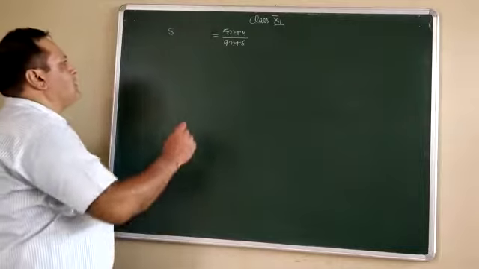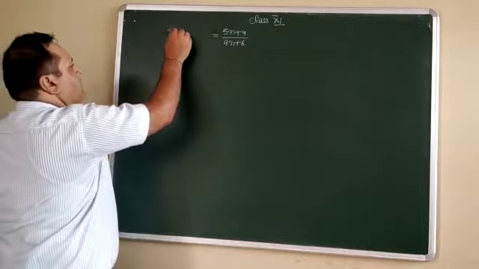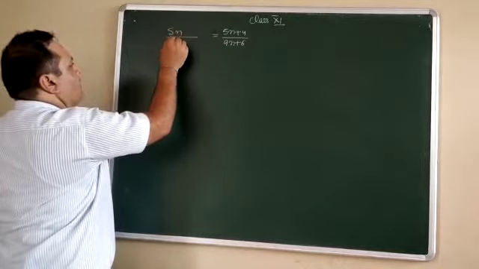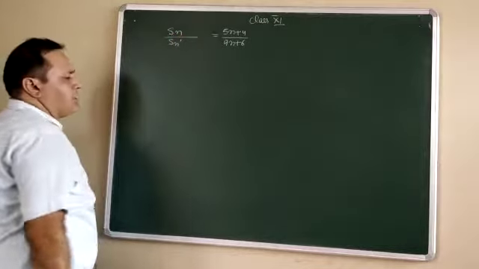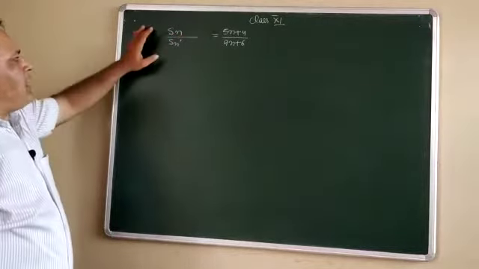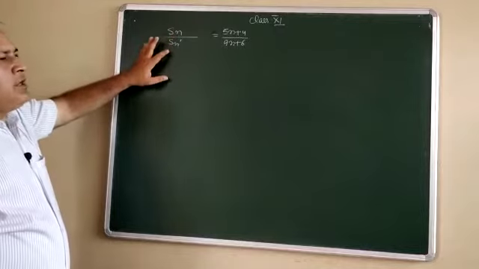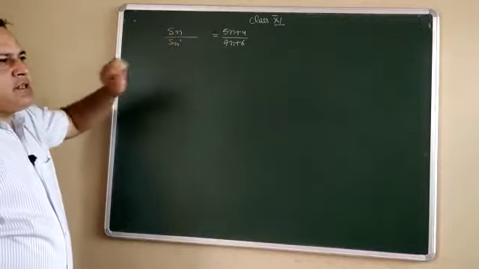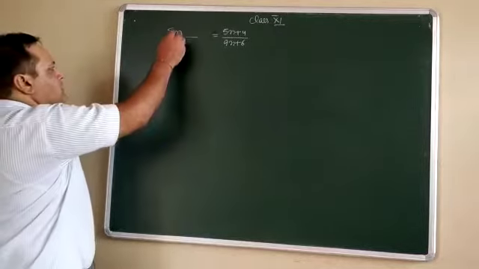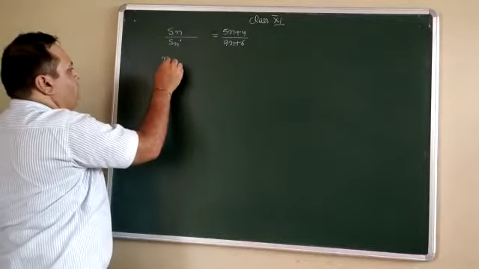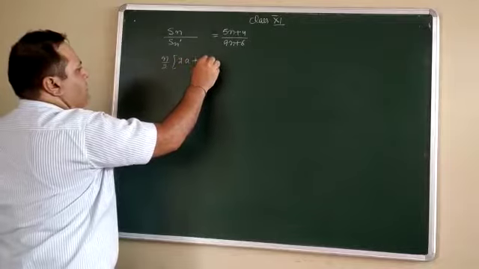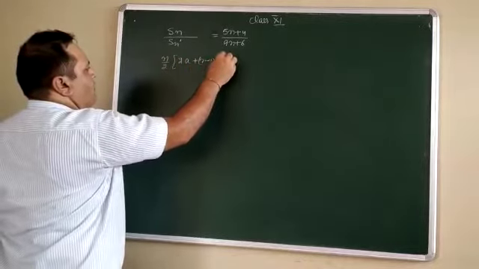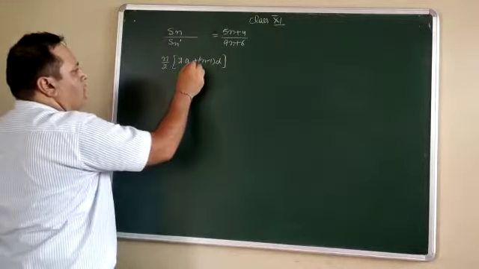Now see this one. Sn upon S'n, the two progressions having the same number of terms, but their common difference and first term are different. See this one, n by 2 into 2a plus n minus 1 into d is the formula for the first term.